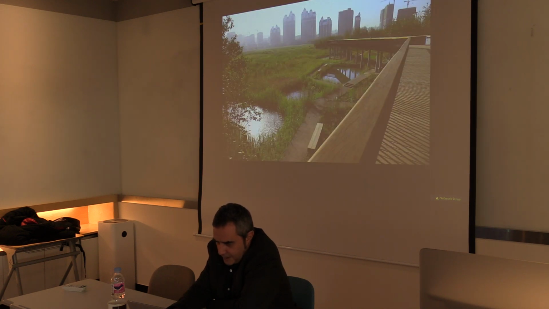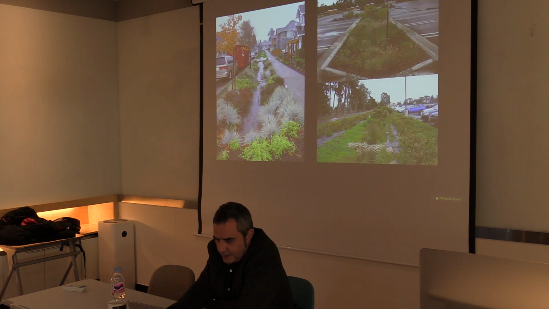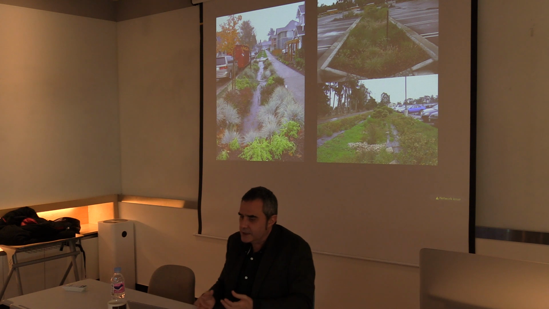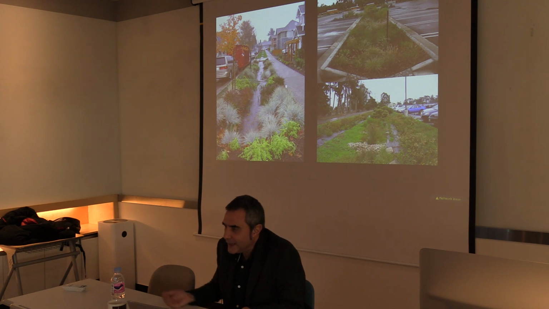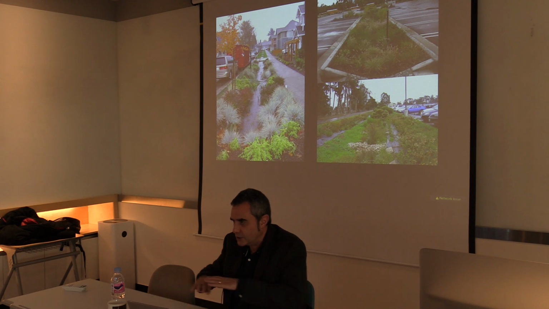So these are pictures of the same project in China. I think this is in Canada, which is the use of these natural reed bed systems that purify the surface water.